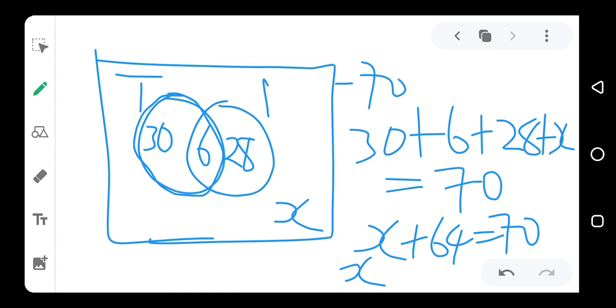And so X is equal to 70 minus 64, which gives us 6. So the number of pupils that like neither Tasty Time nor ice cream is equal to 6. So this is how to solve this question. Now let's look at another example.